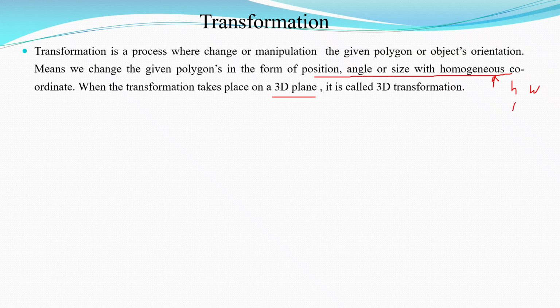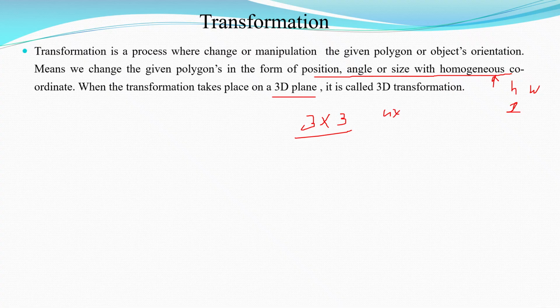That value will be the standard one, that is 1. We add the extra 1 coordinate. In 2D it takes 3 vertices, right? In 3D you can take a matrix of 4 by 4.